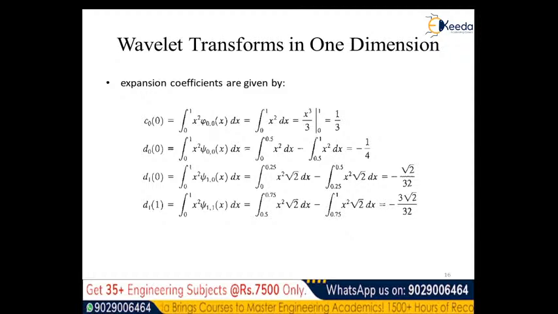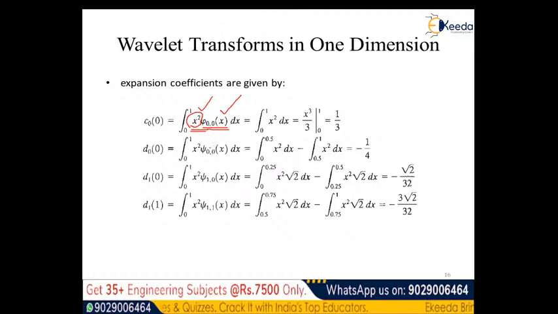Here it is the substitution of the functional representation. We initially had f of x, so this is our function, this is our signal, and it is operated on with the help of the scaling function represented as phi suffix 0 comma 0 as a function of x.